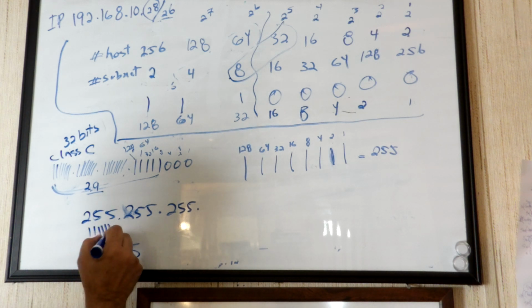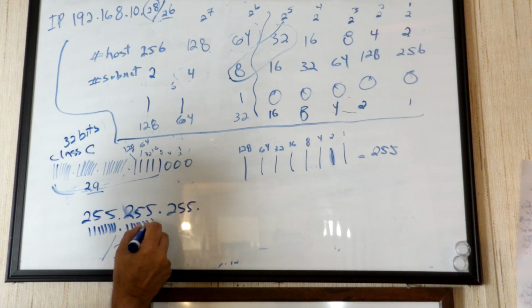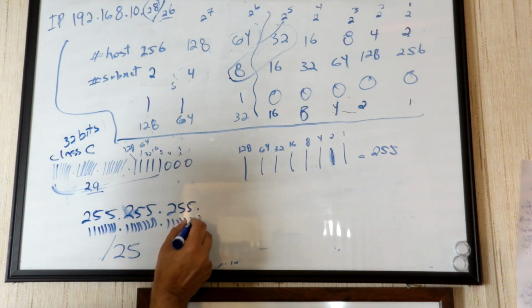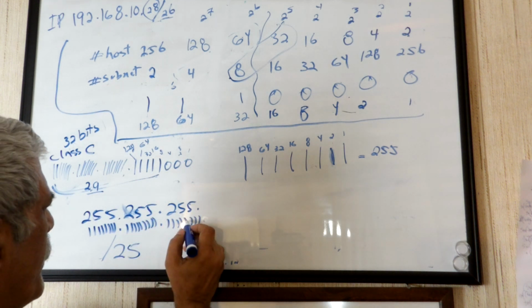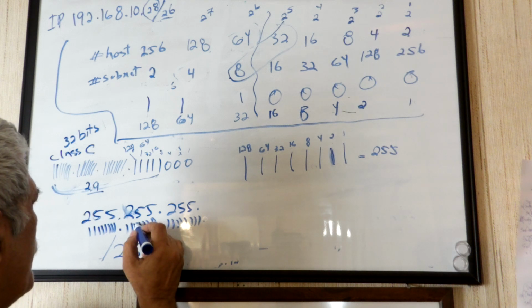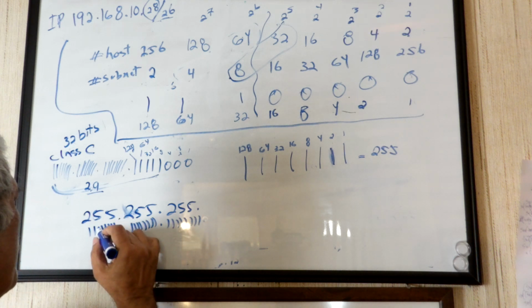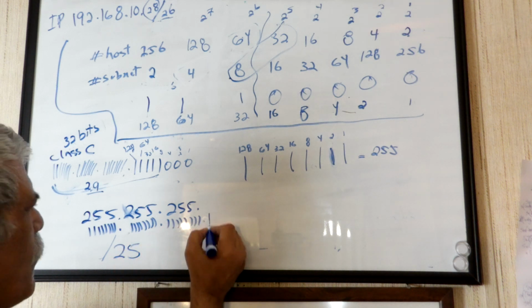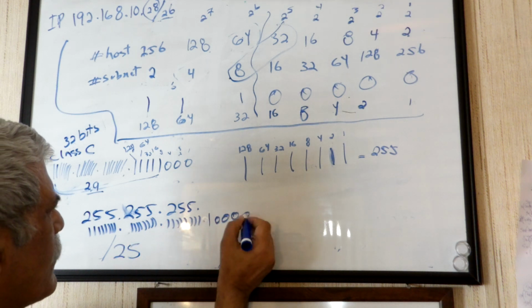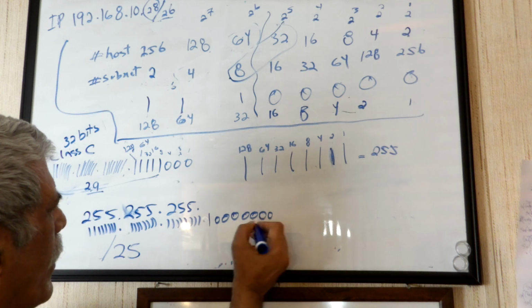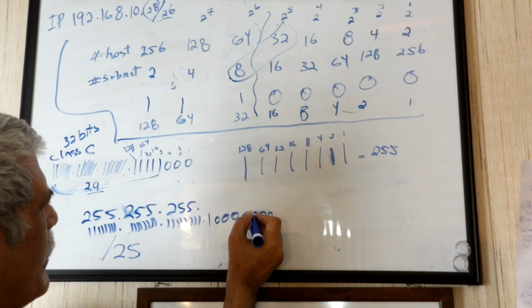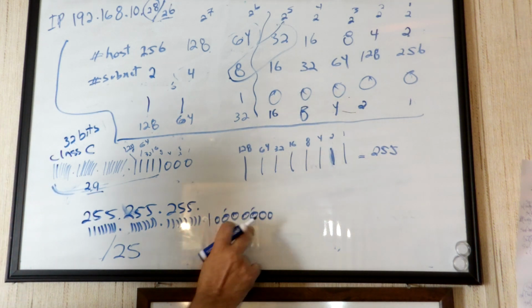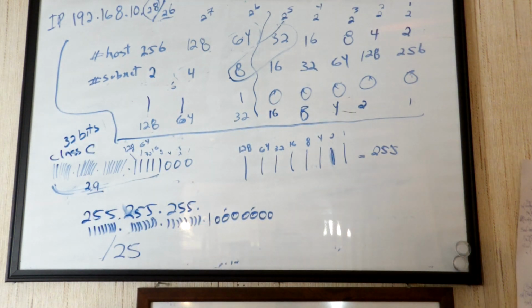We have 8 ones here, 8 of them, 8 of them, and then 24 of these. Now for 25, there would be 1 more. So 8 of them here, and 1 more.